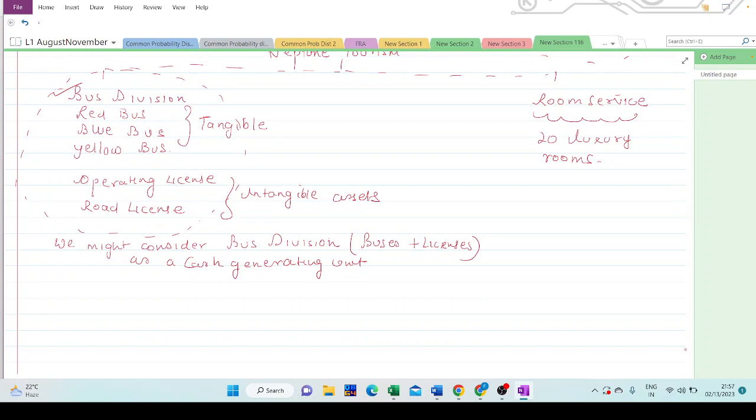Right. So CGU is defined as the smallest identifiable group of assets. Right. It is defined as the smallest group of identifiable assets.